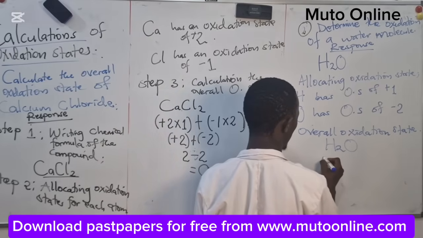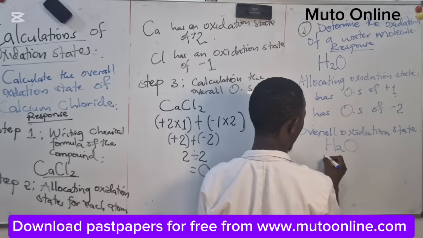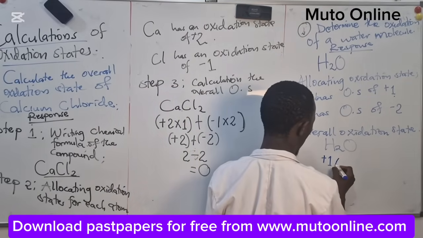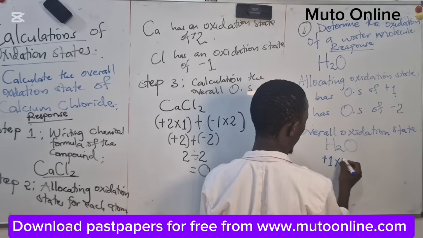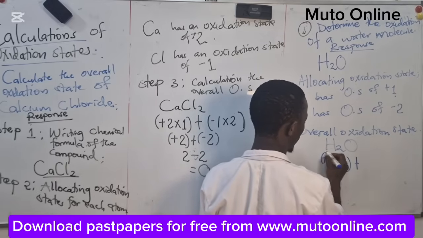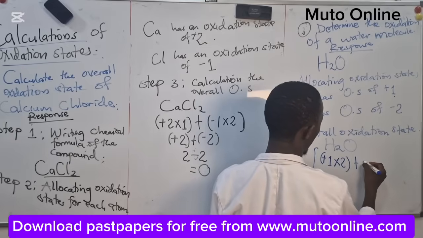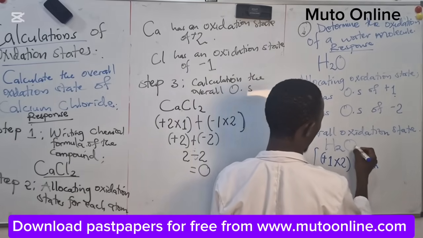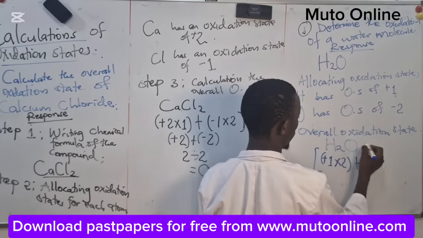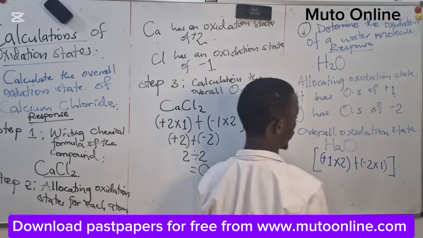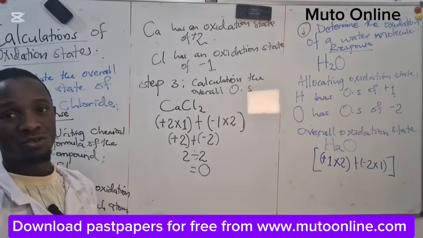Hydrogen has an oxidation state of positive 1, multiplied by the number of atoms of hydrogen in the compound, which is 2, plus the oxidation state of oxygen, which is negative 2, times the number of oxygen atoms in the compound, which is 1, and what we shall get will be the overall oxidation state of water.